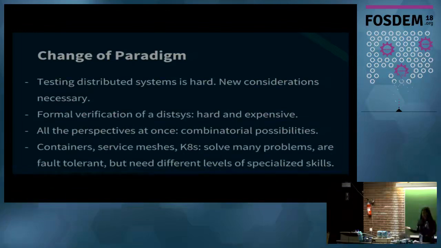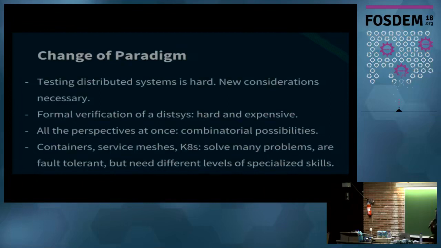So we have things like monitoring, we have things like testing, and many tools that we use today, and maybe a lot of people here use. Containers, service meshes, Kubernetes solve many problems, and they're great. For example, fault tolerance is not built in with the Go programming language.